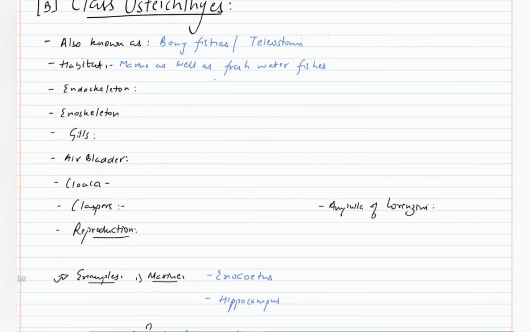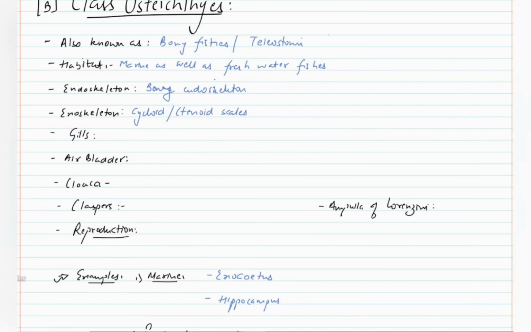The endoskeleton is made up of bones, bony endoskeleton. The exoskeleton is made up of cycloid or ctenoid scales. Now, what is the difference between cycloid scales and placoid scales?